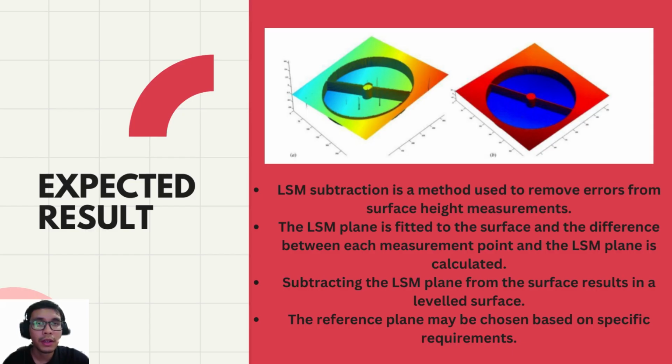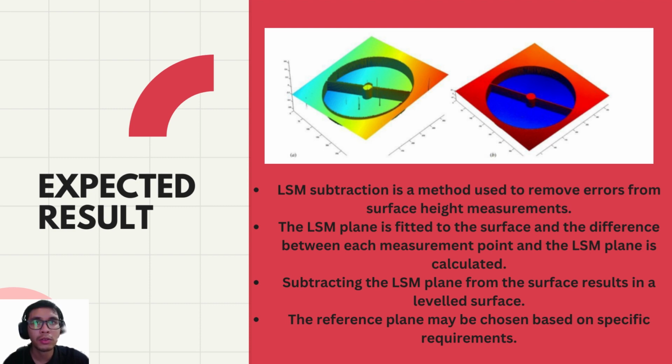In this study, the least square mean subtraction method is used in the area surface texture leveling to remove the systematic errors from the surface height measurement. The least square mean plane is first fitted to the surface using the least square method. Then the difference between each measurement point and the least square mean plane is calculated.